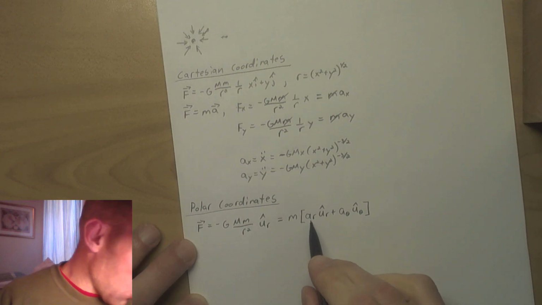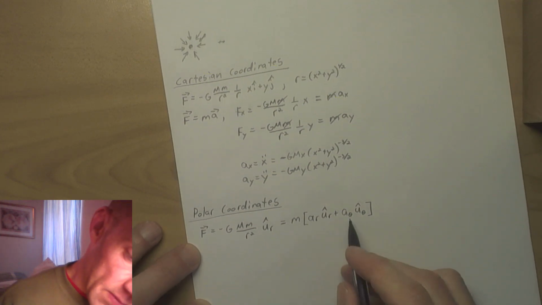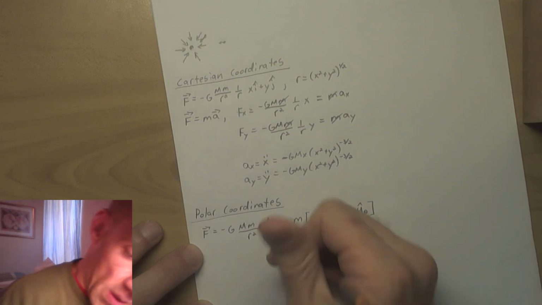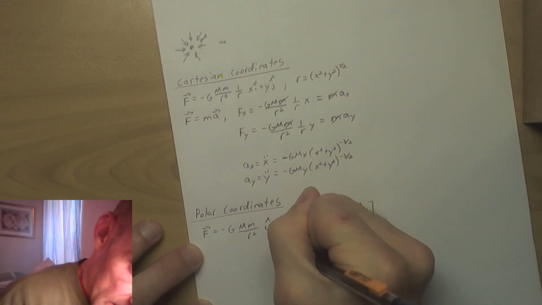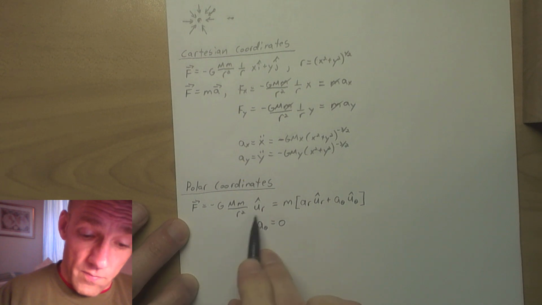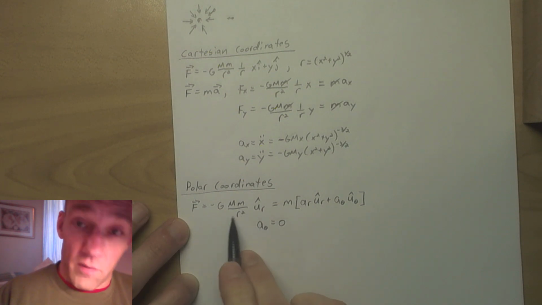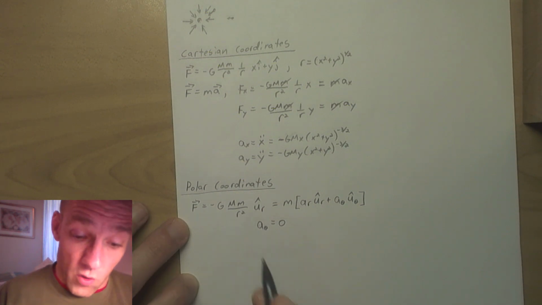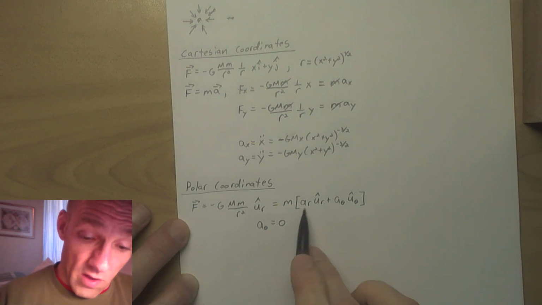But we know what these are, so in this case we know a theta has got to be equal to 0 because there's no relevant force in the theta direction. Everything's in the radial direction.